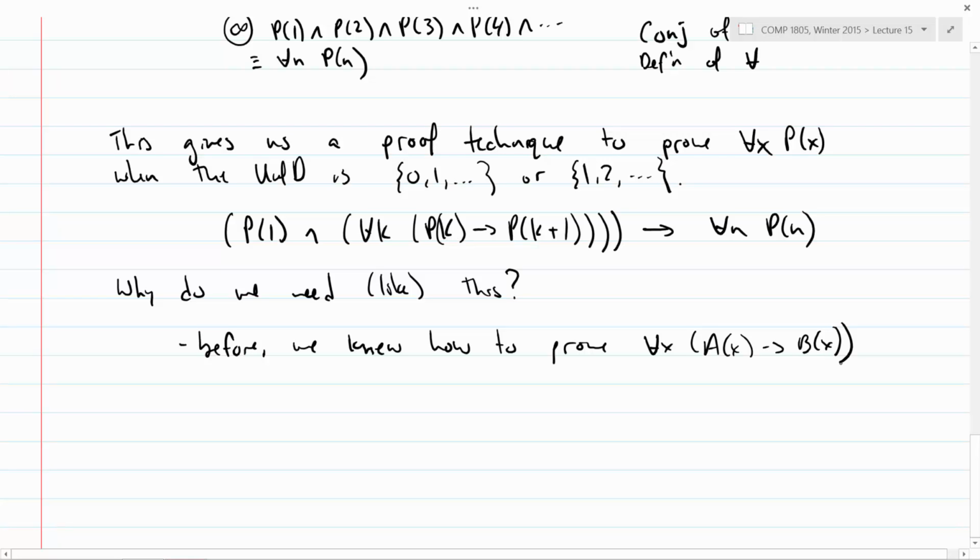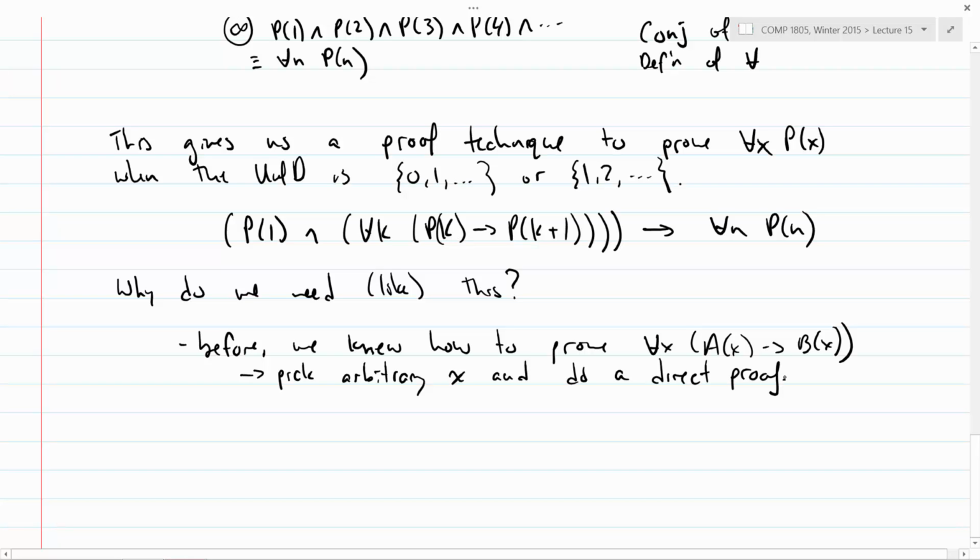The way we did it was to pick an arbitrary x and do a direct proof. This is the universal generalization trick. So that's the trick we used to do for things like this.